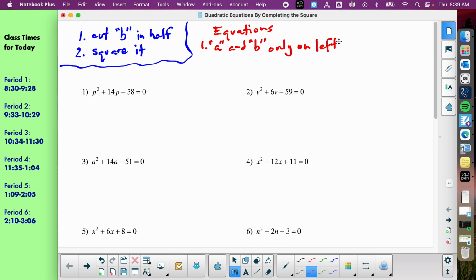If I'm looking at number 1, the negative 38 is the C because that's the number by itself. If you have a C, step number 1 is that you get rid of it, and we would get rid of it by doing the opposite.